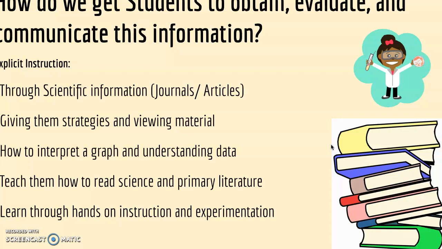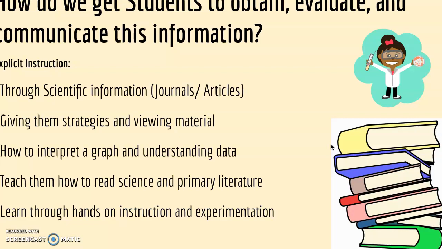How do we get our students to obtain, evaluate, and communicate this information when they learn science and engineering? So you want them to learn through scientific information, journals and articles, and giving them strategies and viewing materials.